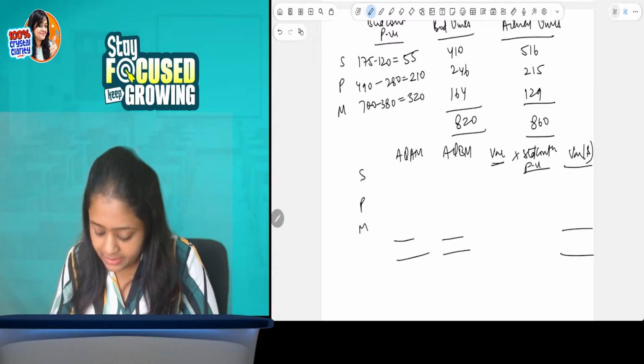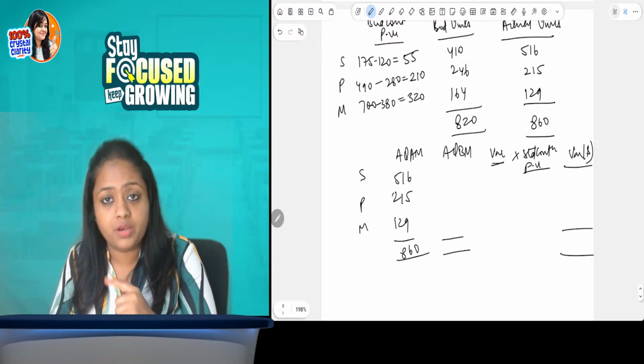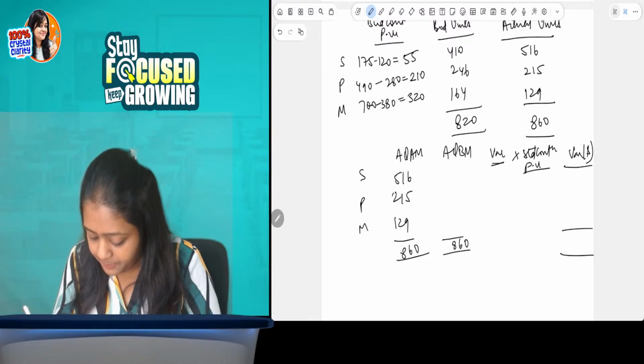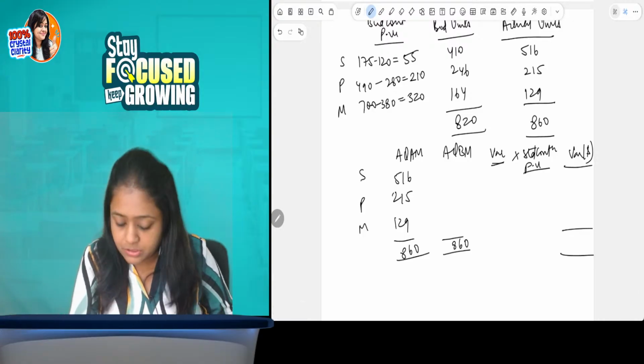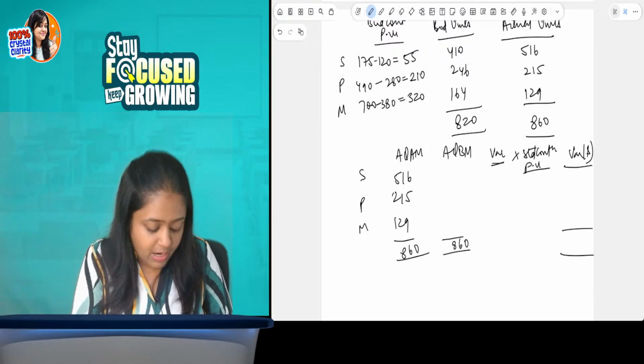Okay, now let's calculate. So actual quantity in the actual mix is given to you 516, 215 and 129. Total is 860 and you know in mix variance total will remain same. Now just calculate the proportionate value. So you will calculate 410 divided by 820 multiplied by 860, that is the budgeted mix.